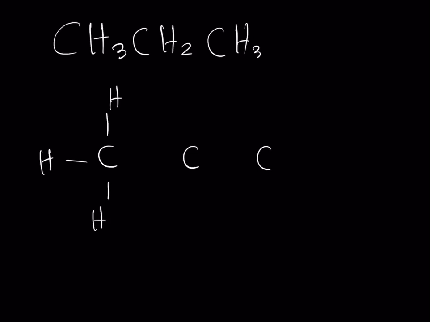And the carbon in the middle has 2 hydrogens, so you draw the 2 hydrogens. And the carbon on the right has 3 hydrogens. And these carbons need one more bond. Well, they need single bonds between one another so that each one of them can get to 4 bonds. So this is how you draw a Lewis structure.